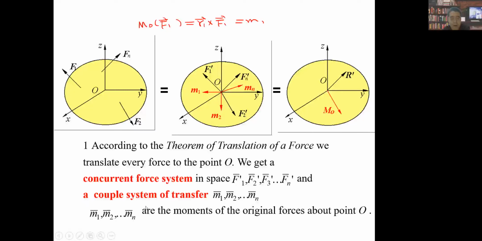We call that a couple system of transfer, 平移力偶系, right? A couple system of transfer is 平移力偶系, and a concurrent force system in space means 空间汇交力系.